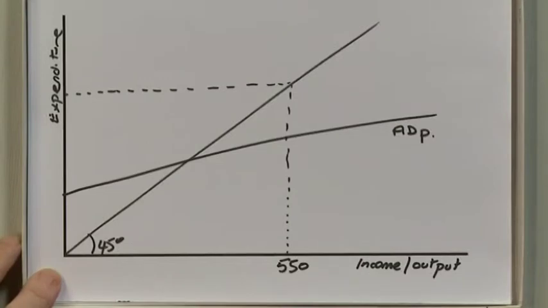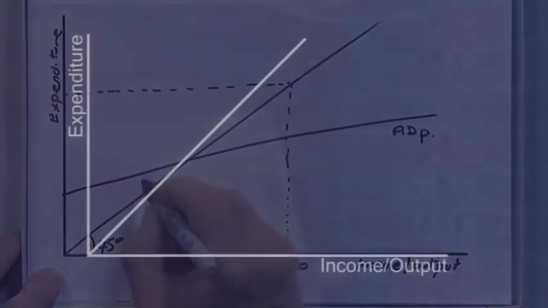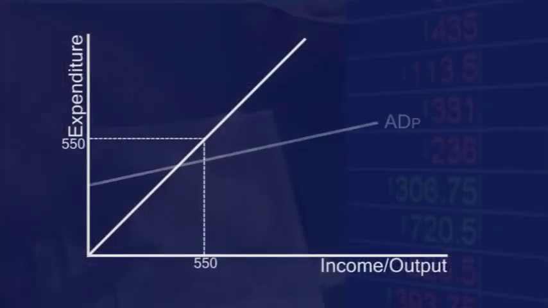We can see that if we go back to the diagram. Here we are, and I'm going to suppose, first of all, that the level of national income, for some reason, is back here at 450 billion euros, pounds, whatever it happens to be.